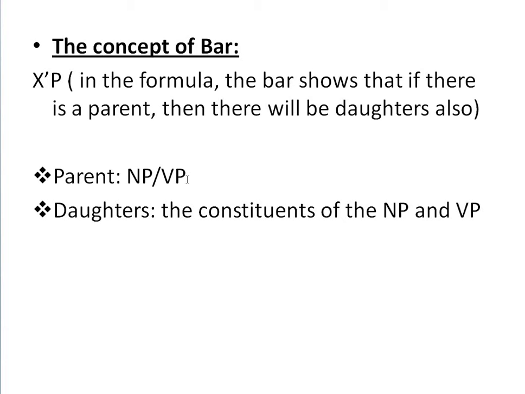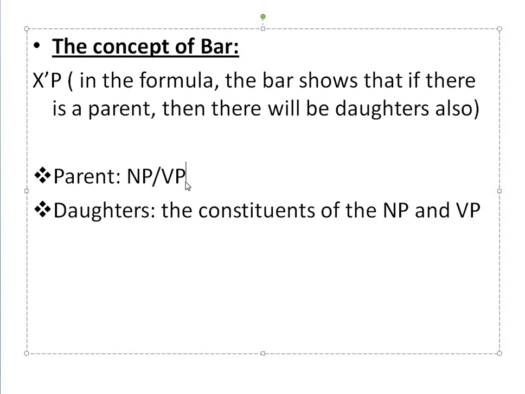The bar shows there will be daughters also. What are the daughters? The constituents of the noun phrase and the verb phrase, or the adjective phrase or the prepositional phrases. Here I have just mentioned the noun phrase and the verb phrase for your convenience, but there can be daughters of the prepositional phrase as well, the adjective phrase as well.